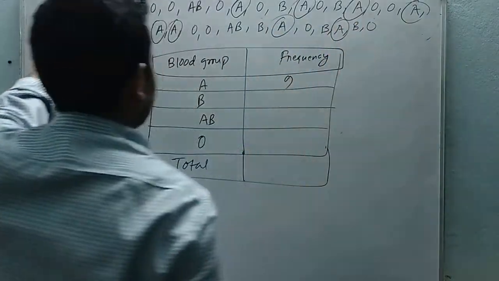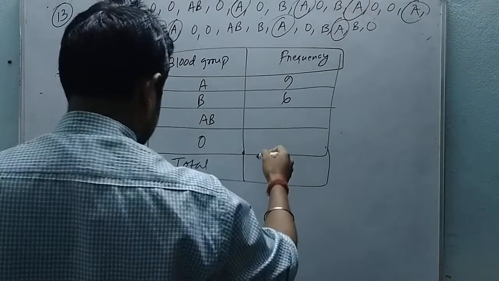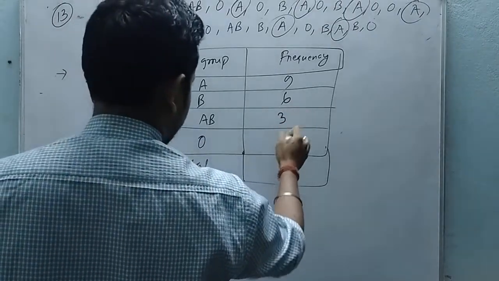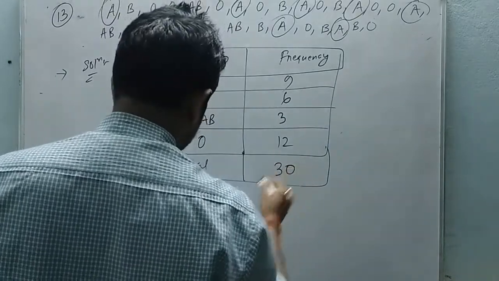So 9 blood group A. Blood group B will be 6, AB will be 3, and O will be 12. If you add all the values, you will get 30.